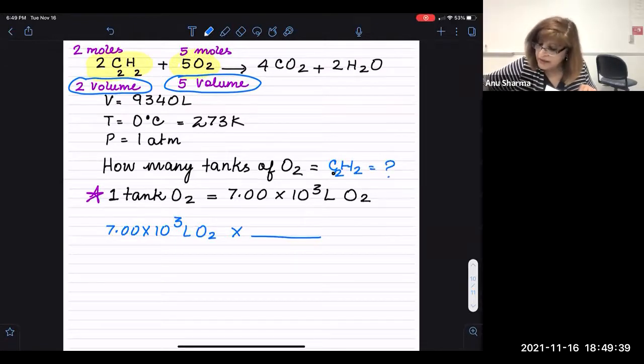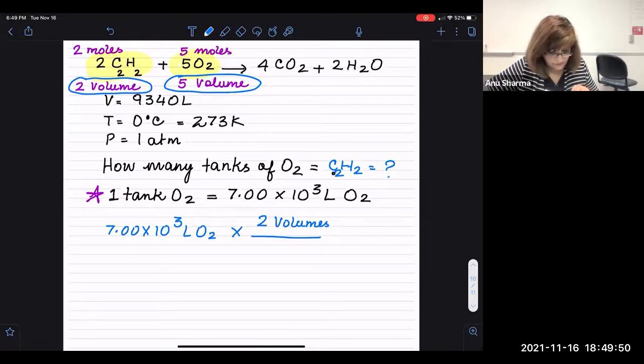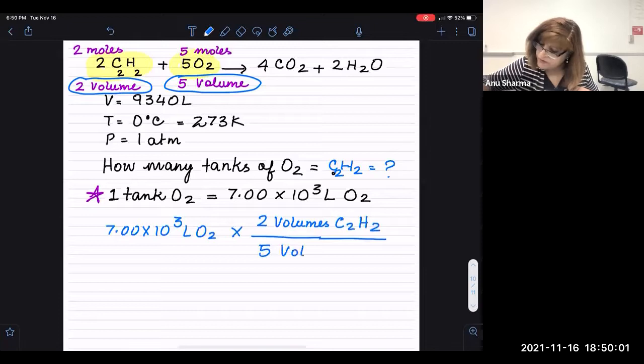So we know that 2 volumes of C2H2 will burn with 5 volumes of oxygen.